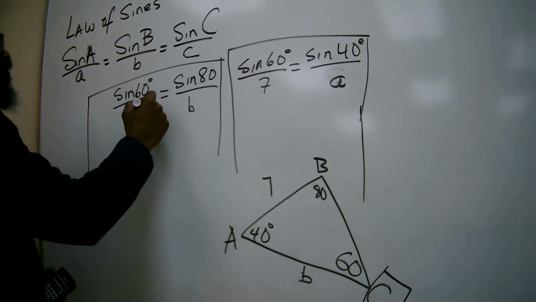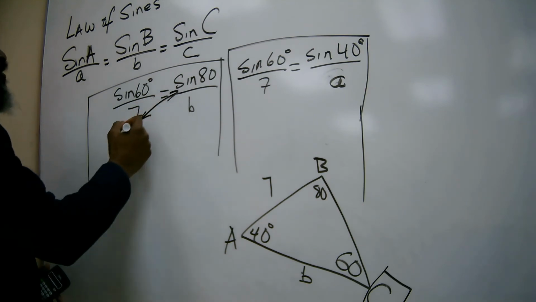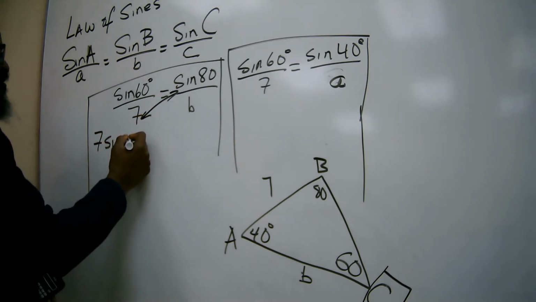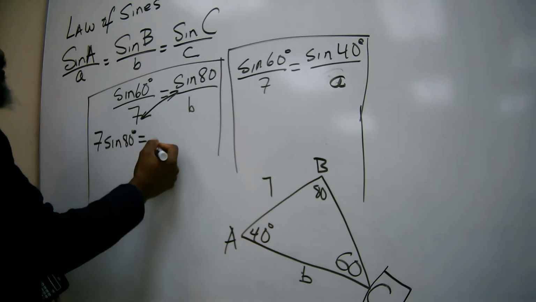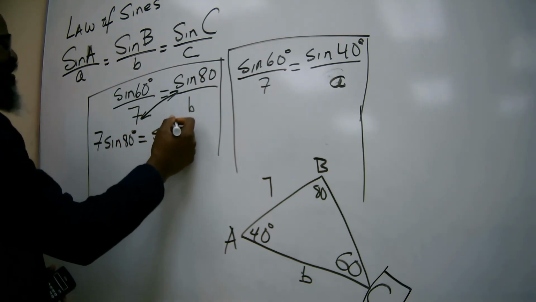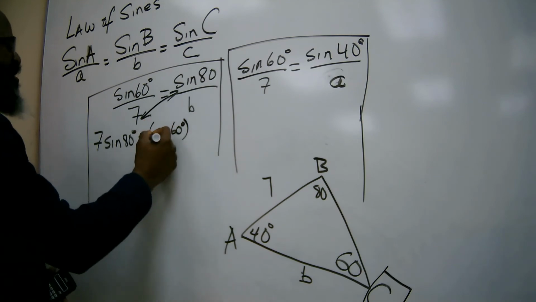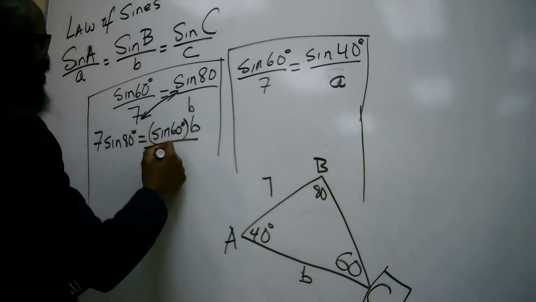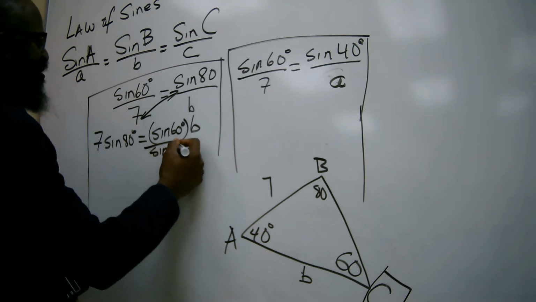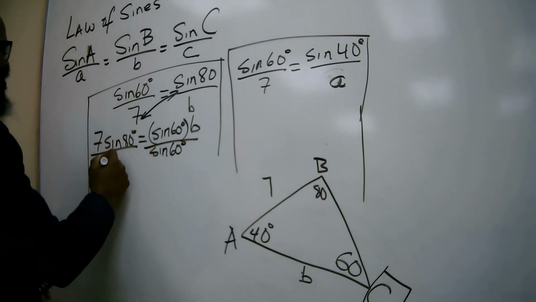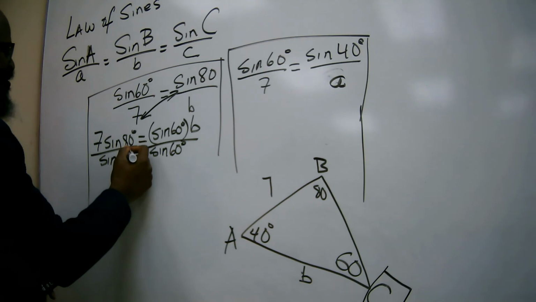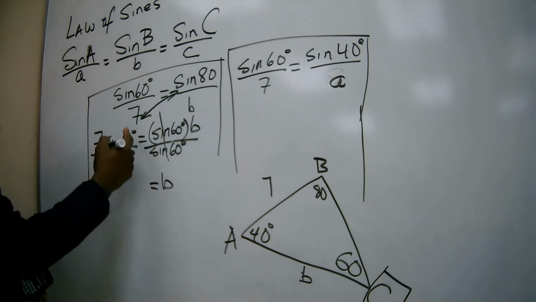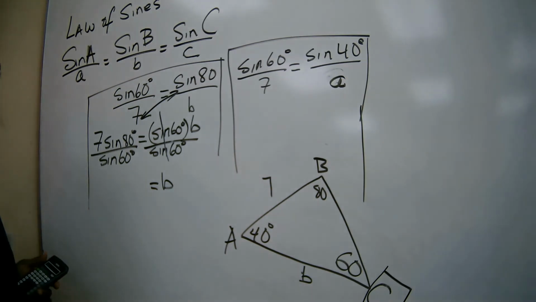Then I'm going to cross multiply. I will end up with 7 times sine of 80 is equal to sine of 60 times b. So I'm solving for b. I'm going to divide both sides by sine of 60. Some calculators will be able to do all of this in one place.